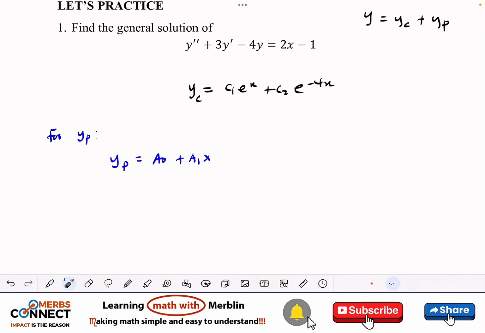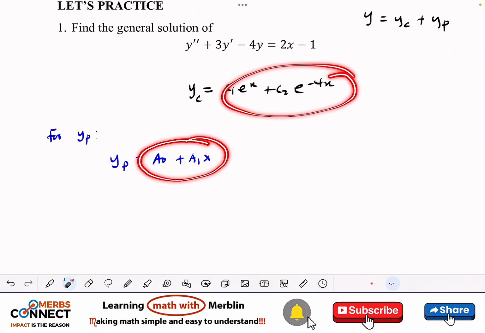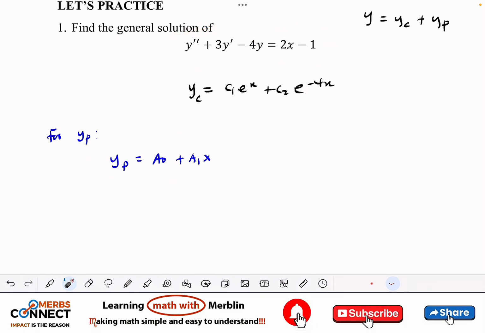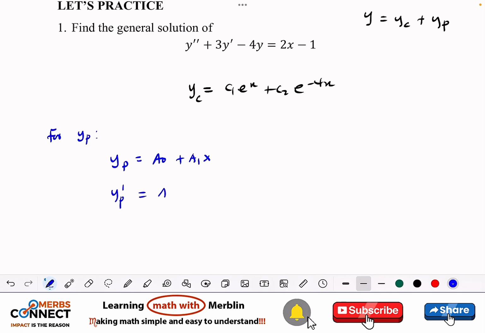So now that this is not in here, we need to differentiate this and plug it inside the equation. Same process, but how to generate your trial solution is what is important. So yp prime is going to be a1, because when I differentiate a0, I get 0, and when I differentiate a1x, I get a1. And yp double prime is going to be 0.